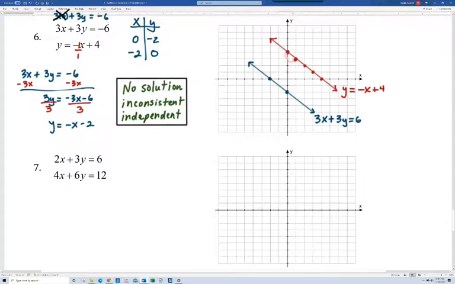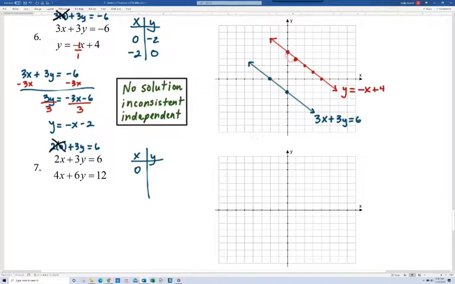So in the first equation we have 2x plus 3y equals 6. In the second one we have 4x plus 6y equals 12. So I'm going to go ahead and again use the intercept method. So when I let x be 0, I'm going to have 2 times 0 plus 3y equals 6. Again, 2 times 0 is 0.